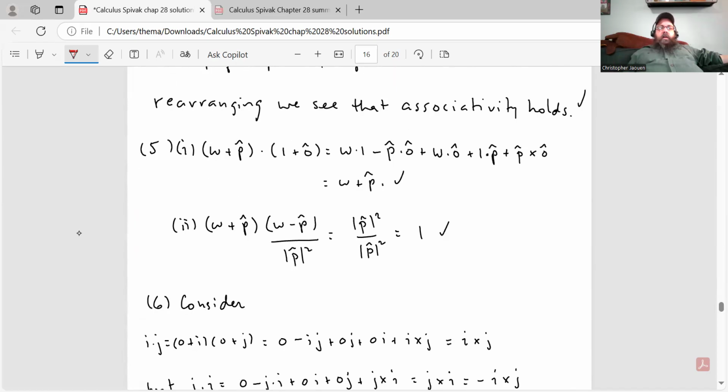Okay, number five. Here, one plus zero hat acts as the multiplicative identity, and again, like I said, W minus P hat over the norm of P hat squared. Sorry, this should be the norm of W plus P hat squared. That's a typo.